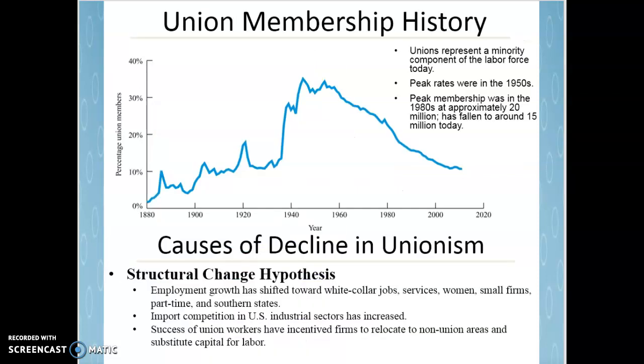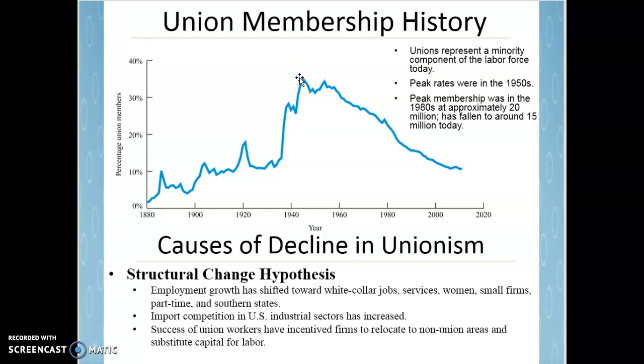Union membership has changed over time. Going back to 1880, you'll notice it's very low in the US as a percentage of union members. It's fluctuated, but generally speaking, there was an upward trajectory until the 50s. Peak rates were in the 50s at almost a third of the entire labor force. That's not the peak membership, though. That's the peak rates.